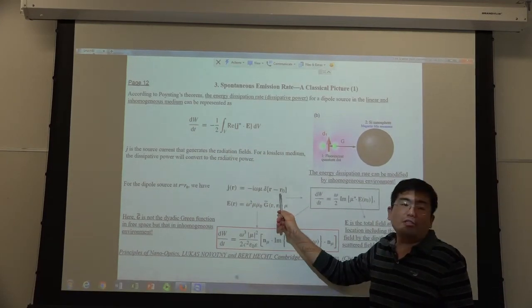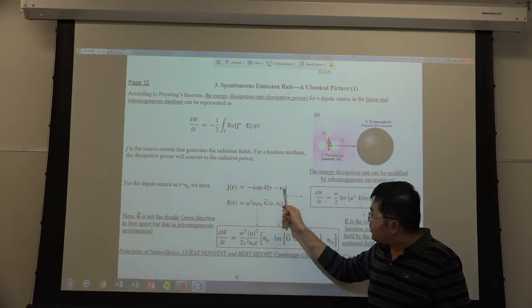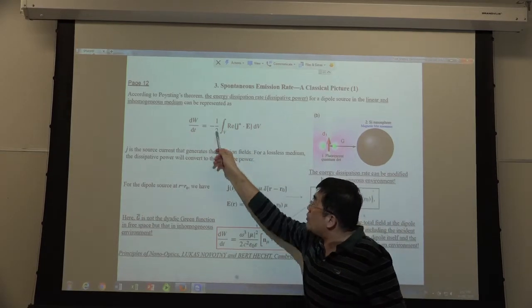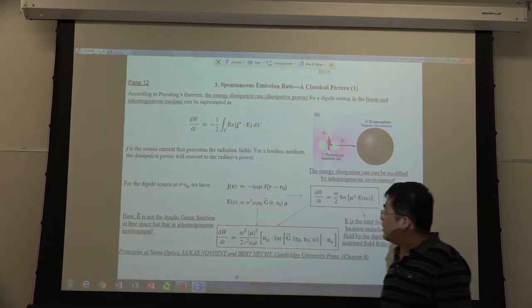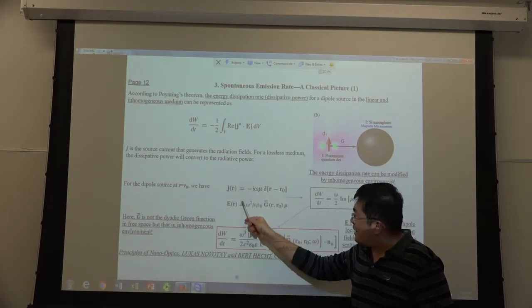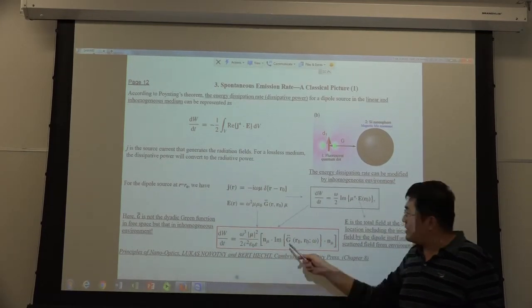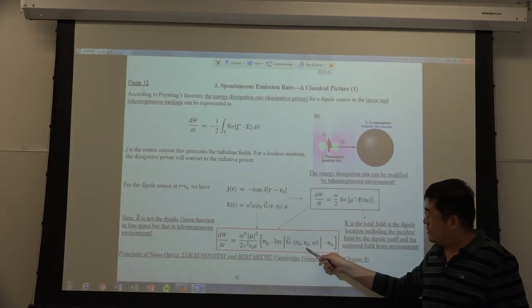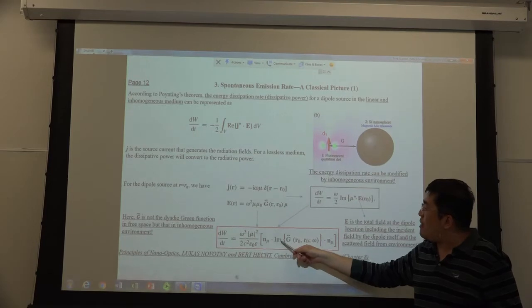J is a delta function at R equal to R0. So only the E field at R equal to R0 contributes to the integral, right? And this E field can also be represented by the Green function. So finally, this is some constant that we don't care about.